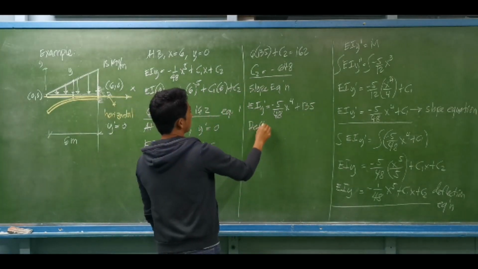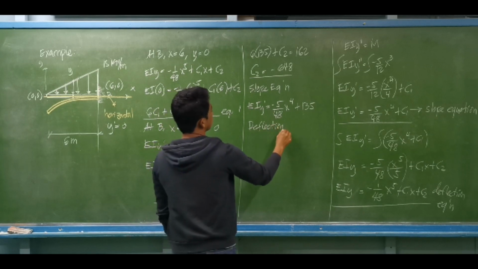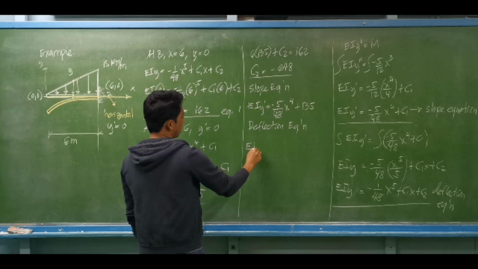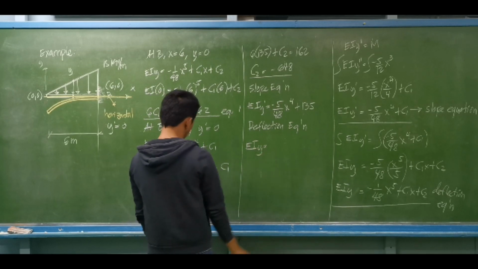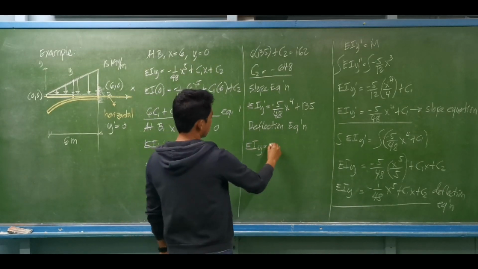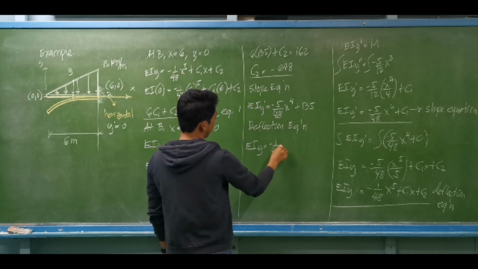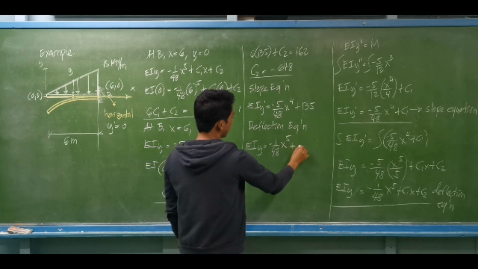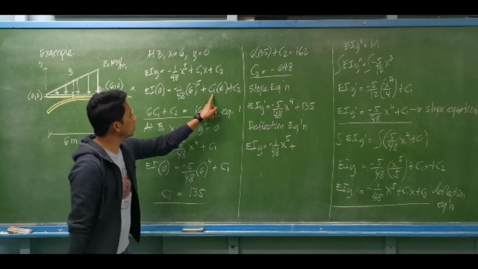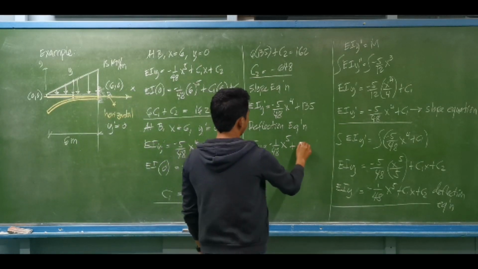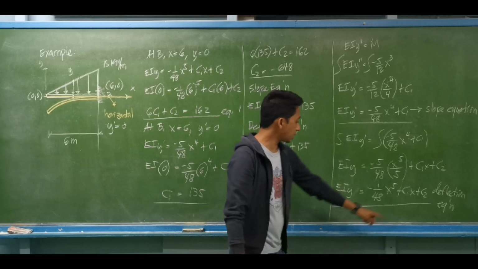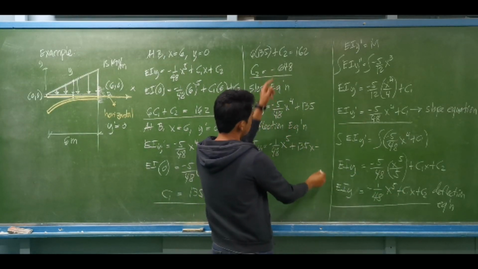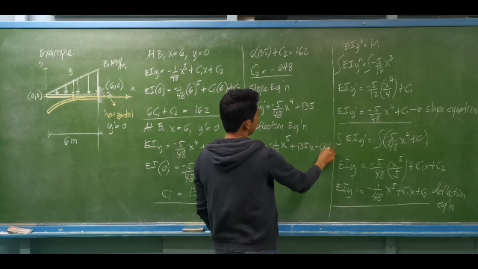Then for the deflection equation, that's equal to EIy is equal to negative 1 over 48 of x raised to 5 plus C1, which is 135 of x, 135x minus C sub 2, 648.